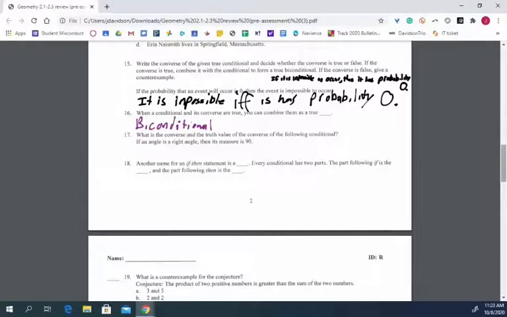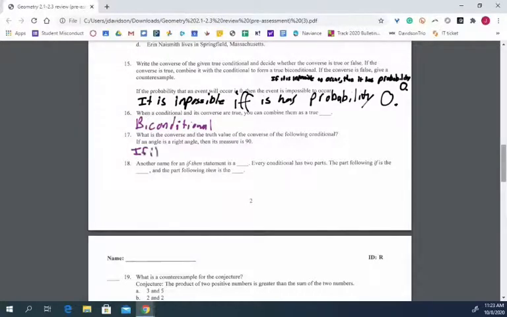What is the converse and the truth value of the converse of the following conditional? That's kind of confusing, ain't it? Let's do the converse and the truth value. Converse means reverse.